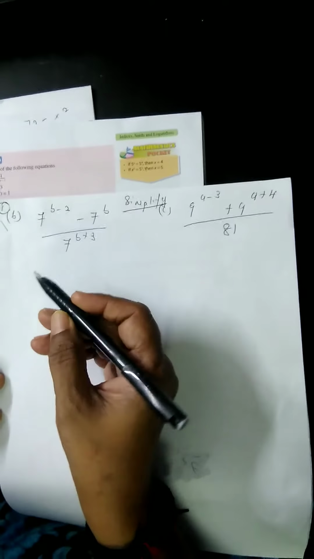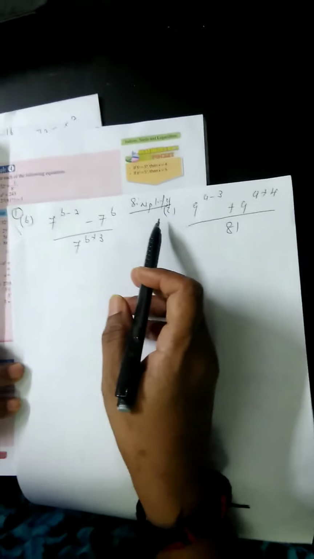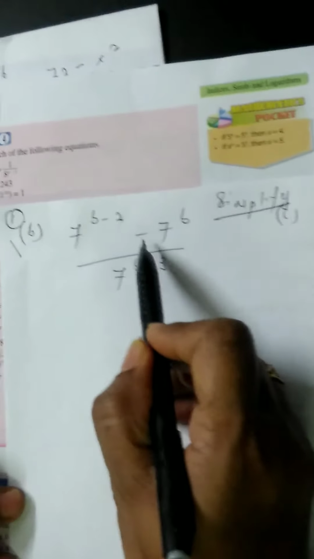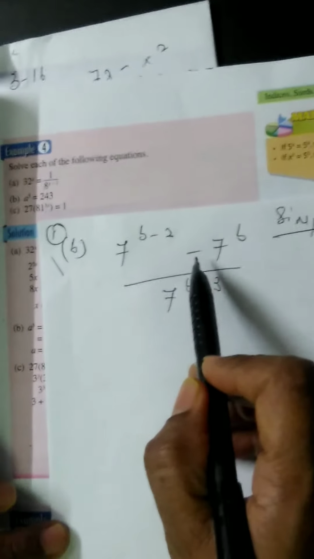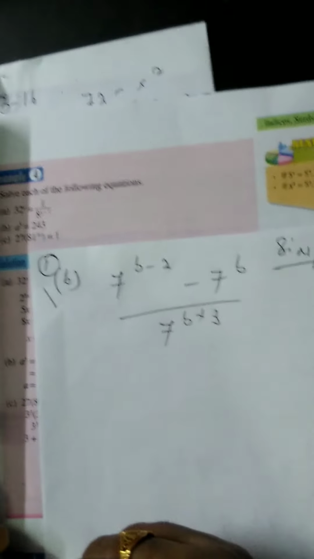Now let's say you're given a question like this. The question says simplify. Now, there's a minus here, so that means you are not able to use the laws of indices that we saw yesterday.